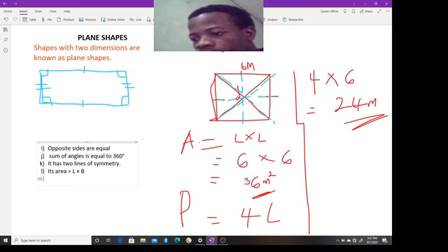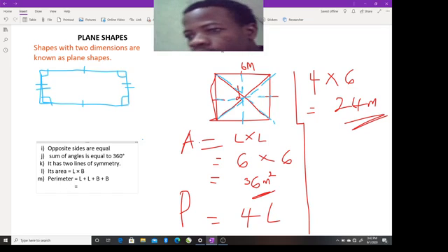While the perimeter is equal to length plus length, then plus breadth plus breadth, and that can be equal to what?